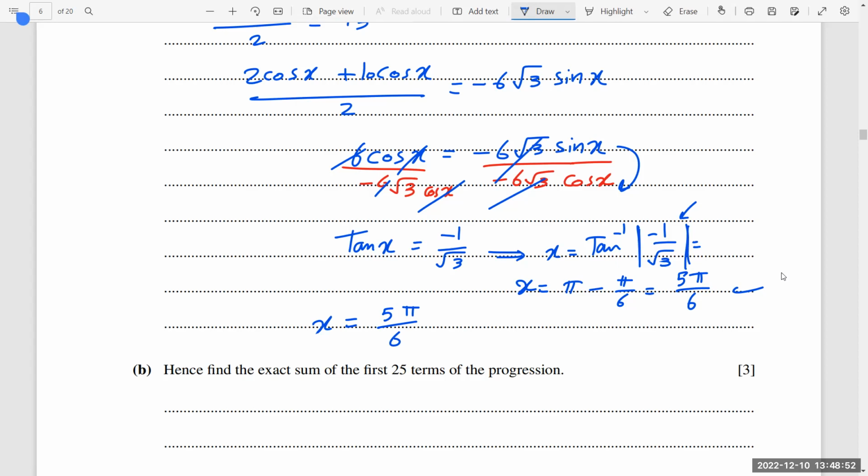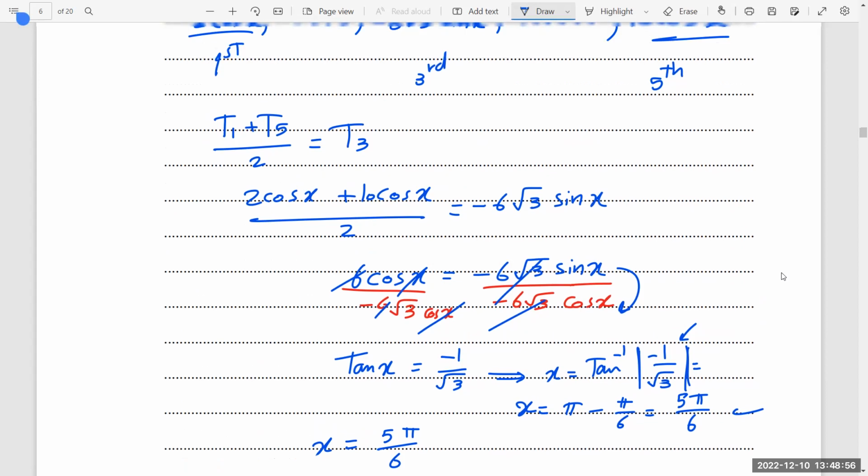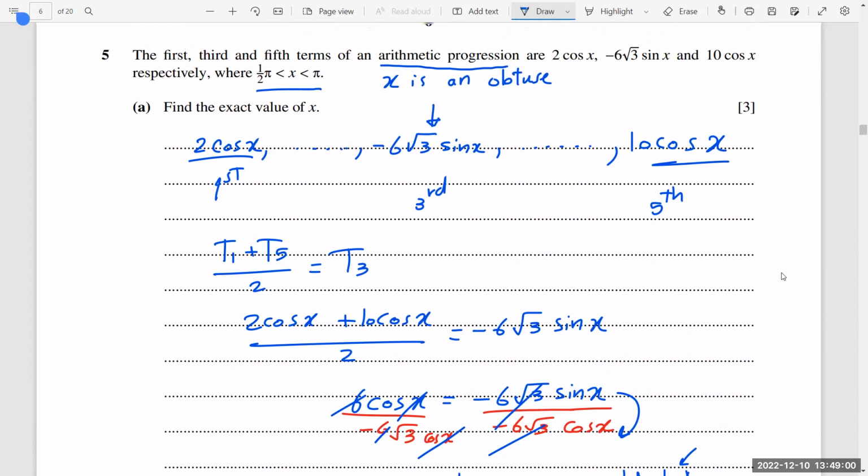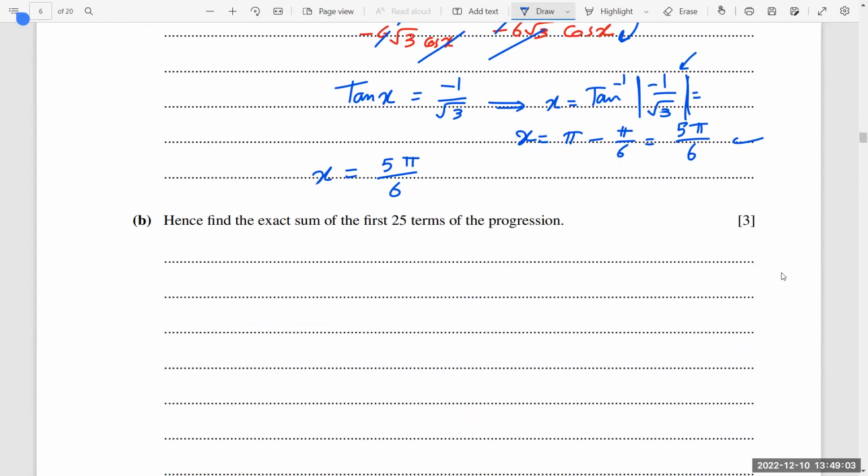After knowing x is 5 pi over 6, you just go and write the terms here. So by substitution now in the sequence 2 cosine x, you will get negative radical 3. The second term, negative 2 radical 3. The third term will be negative 3 radical 3. Only substitute.